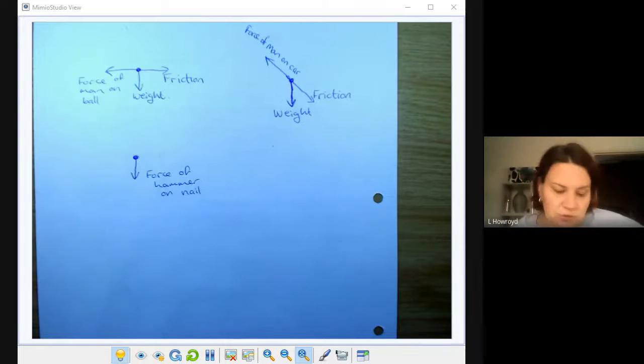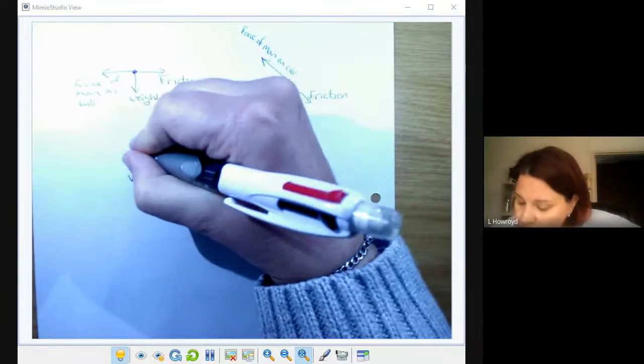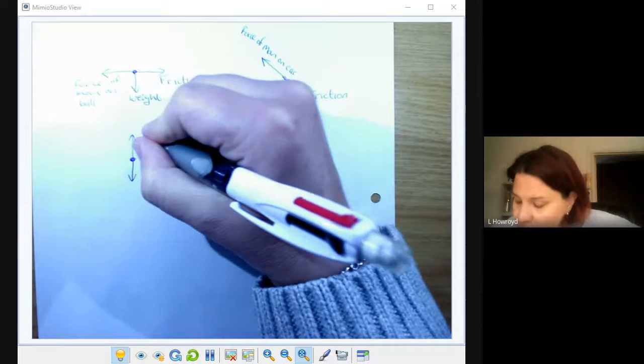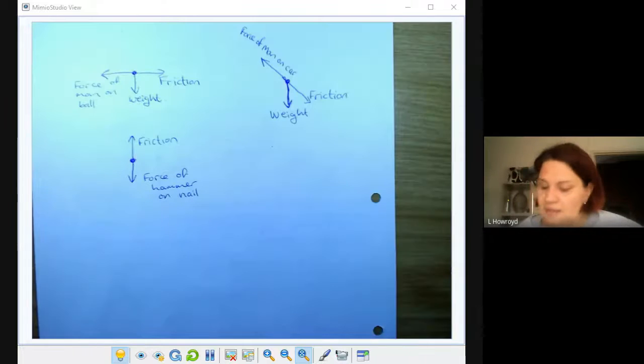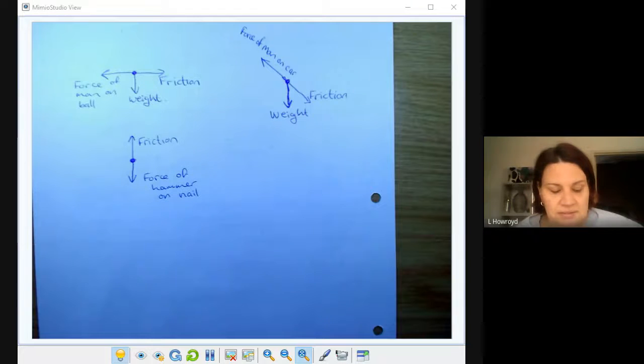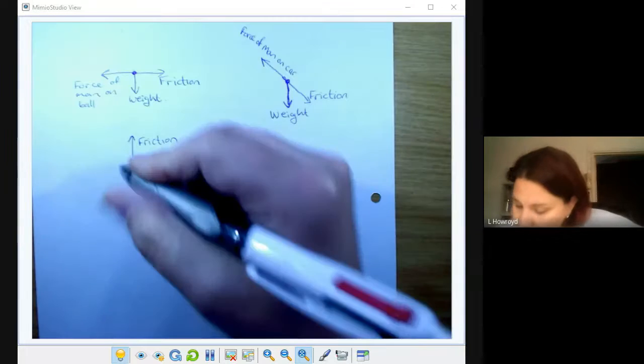Now we also know that there's a lot of resistance here, because it's going into wood, so we can show friction. And then the last one is the nail's weight, which is also acting down.